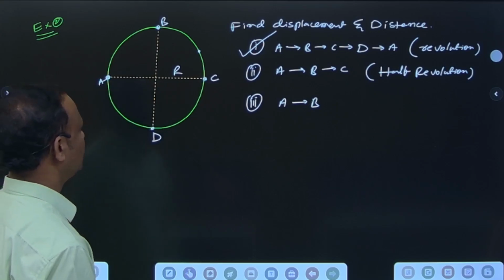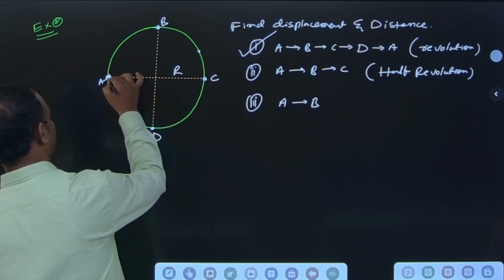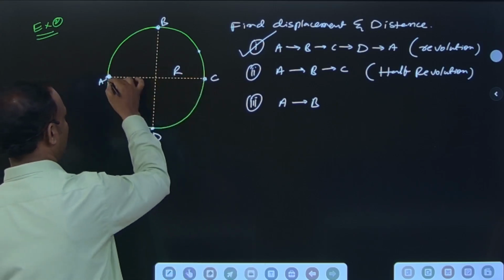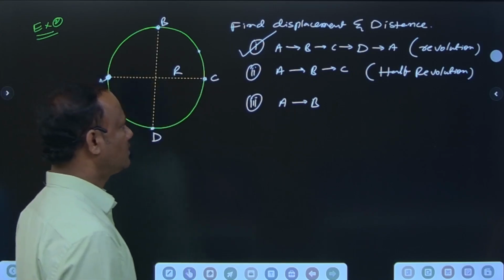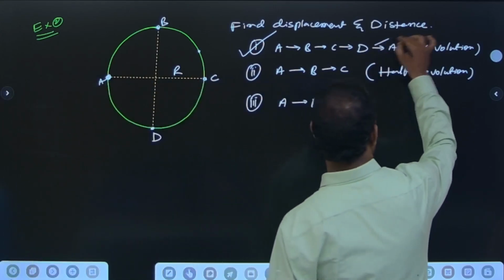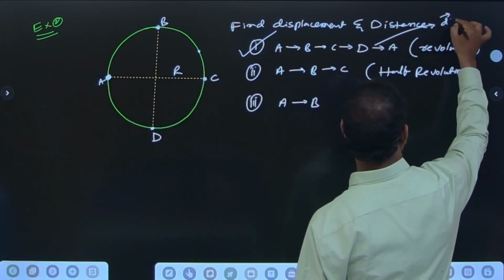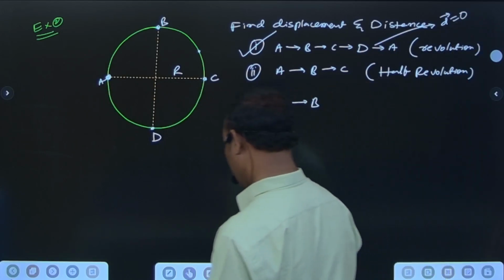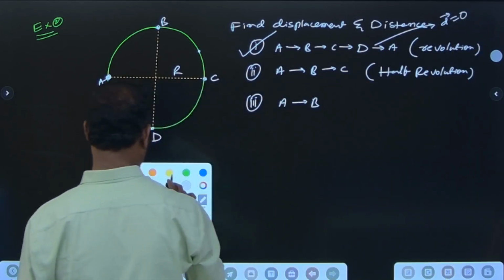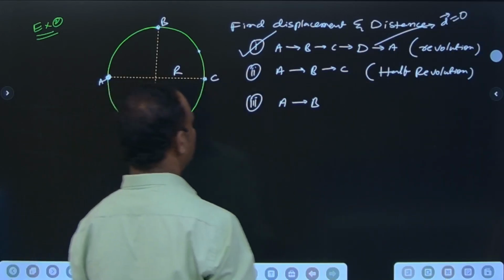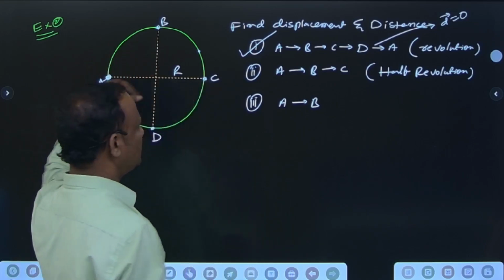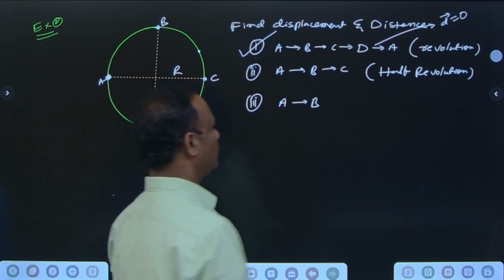For the first one I'm talking, A to B to C to D again A. What is the displacement? What is your initial point A? What is the final point A? Displacement is equals to 0. So initial point is A, final point is A, displacement is equals to 0.